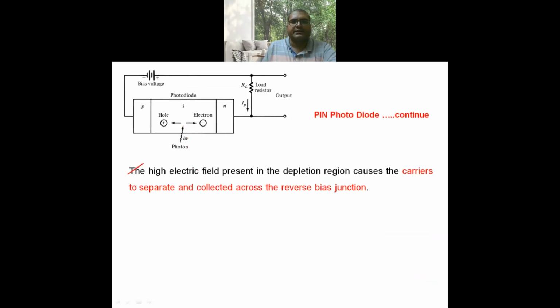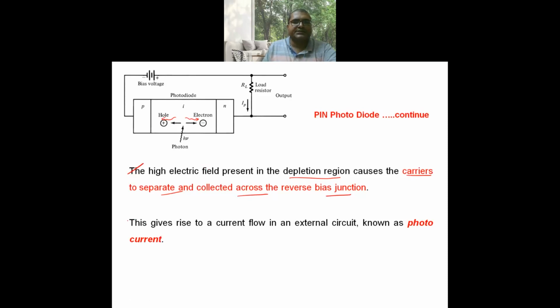The high electric field present in the depletion region causes carriers to separate and be collected across the reverse bias junction. This gives rise to current flow in an external circuit, and the current is known as photocurrent. It is due to photocarriers.